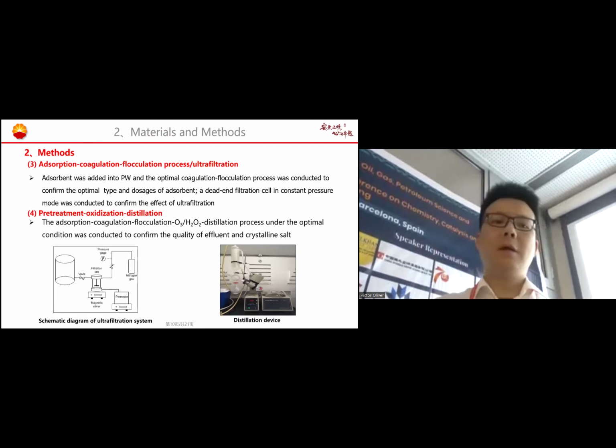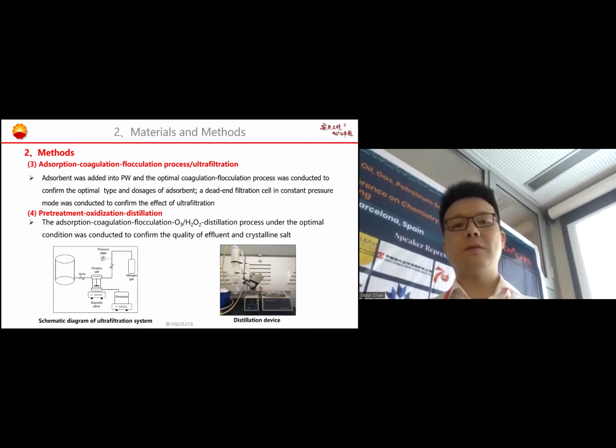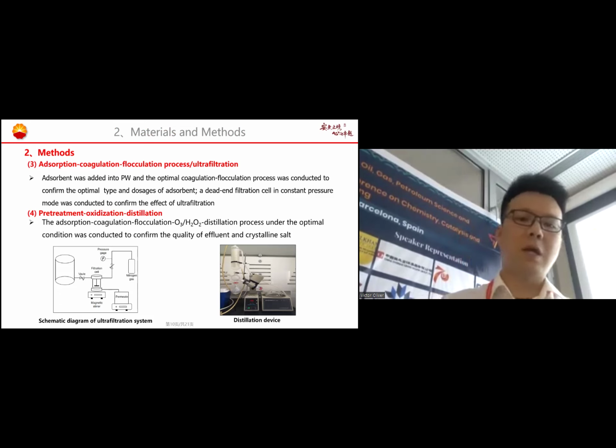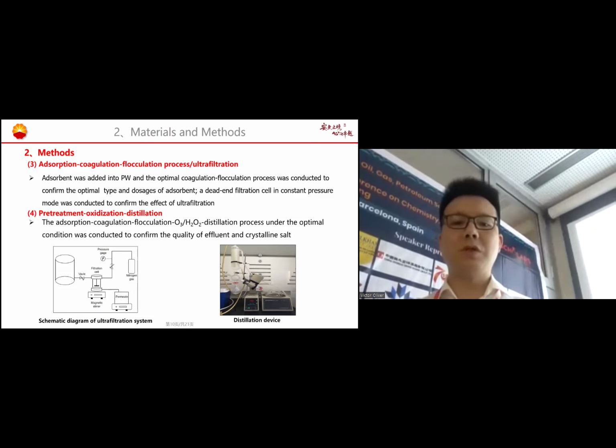In the adsorption, coagulation, flocculation process and precipitation, the adsorbent was added into produced water, and the optimal coagulation flocculation process was conducted to confirm the optimal type and dosages of adsorbent. Dead-end filtration cell in constant pressure mode was used to confirm the effect of ultrafiltration.